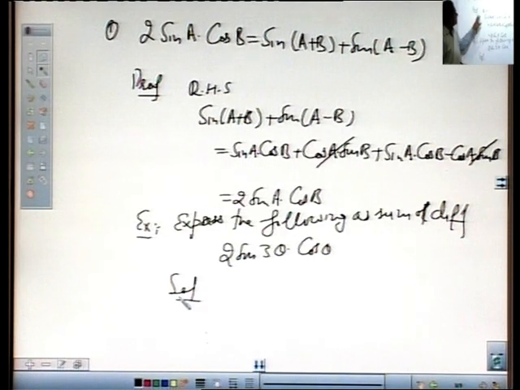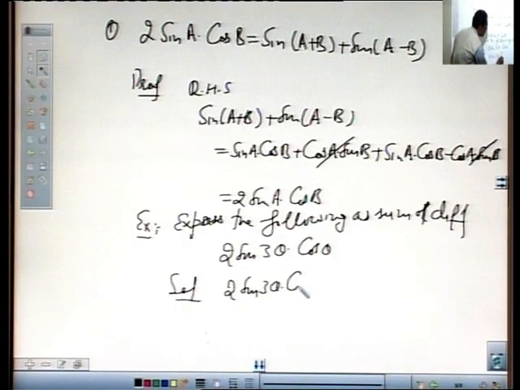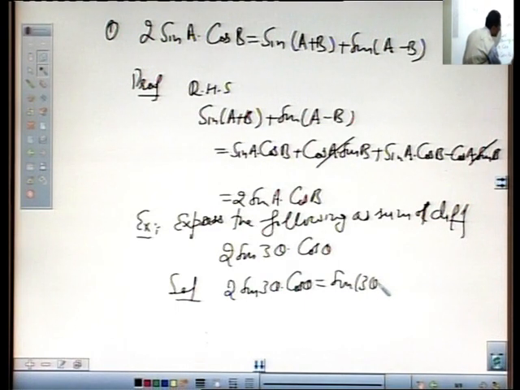Here we apply the formula 2 sin A cos B, where A is 3 theta and B is theta. So 2 sin 3 theta cos theta equals sin(3 theta plus theta) plus sin(3 theta minus theta).